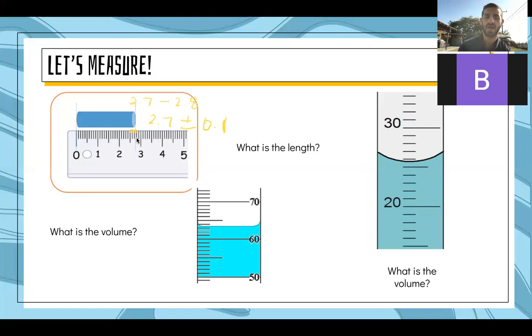If we're looking at this one down here, we can say we're between 60 and 65 for sure. So 60 is here, 65 is here, and it looks like we're above 64, but we're not certain about it.